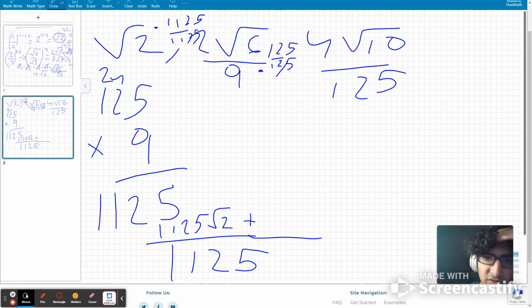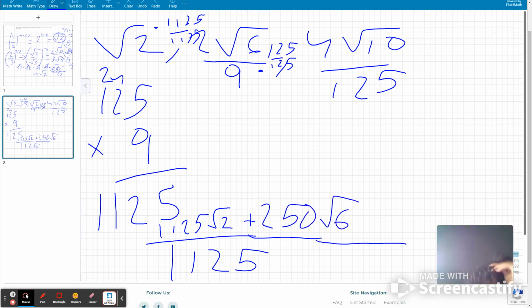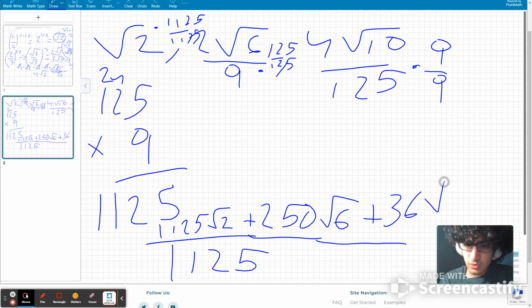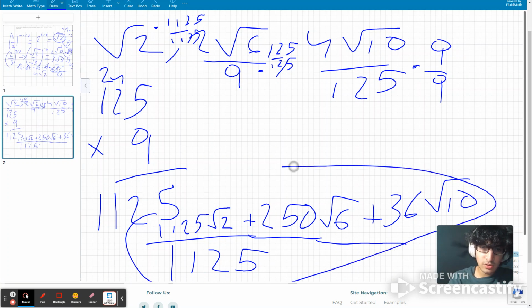So 2 times 125 is 250, so that'll be 250 root 6. We don't need to change the square root. And then for the last part, it'll just be multiplied by 9 over 9. So we'll have 36 root 10, and this is our final answer: 1125 root 2 plus 250 root 6 plus 36 root 10, all over 1125.